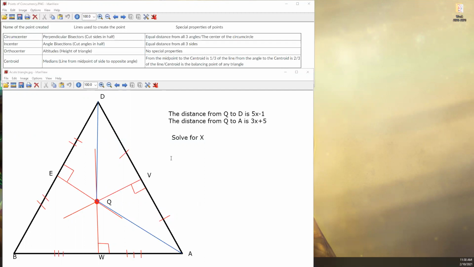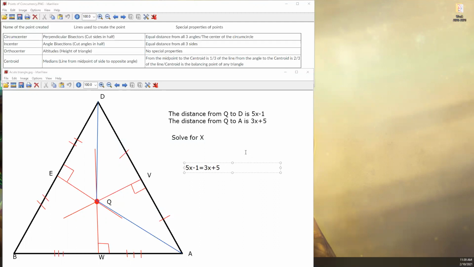Whether it's equal to 180 or equal to 90 or equal to each other, hint, hint, wink, wink, right? Equal distance from all 3 angles. Well, the distance from the point to the angle is going to be the same from any angle to this point. So you know that 5x minus 1 equals 3x plus 5.